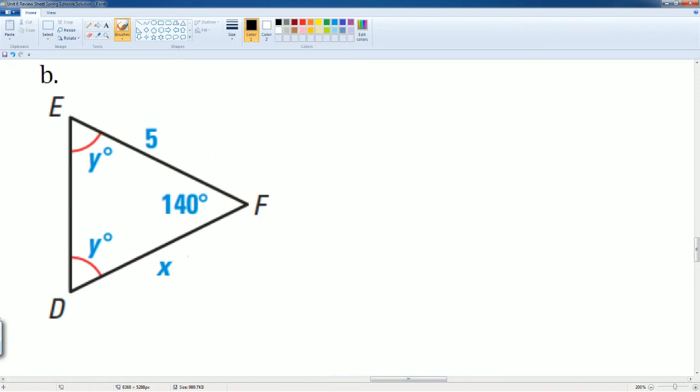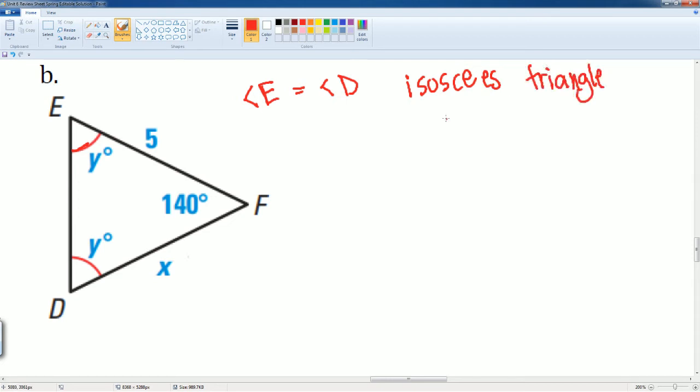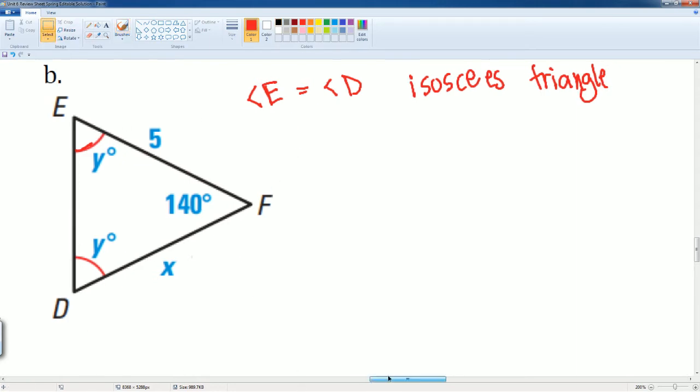Notice that these two angles here are the same. So we can say that angle E is going to equal angle D, because these two angles are the same. And notice this is 140. We can also say this is an isosceles triangle. Good. Now we can set up our equation like we said before.